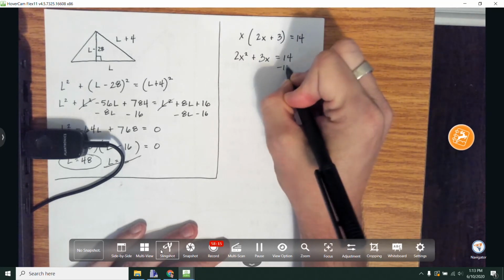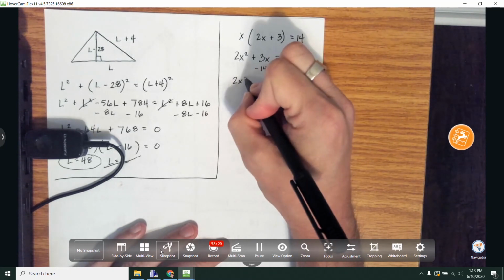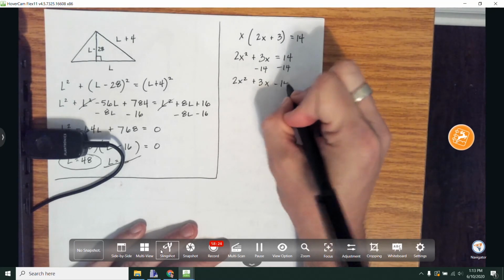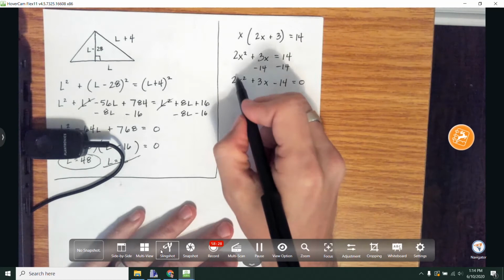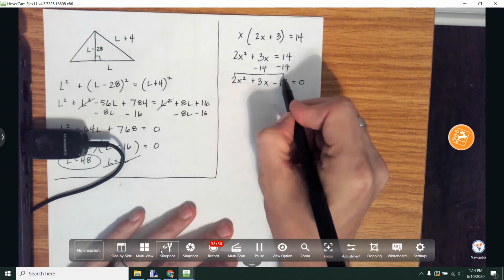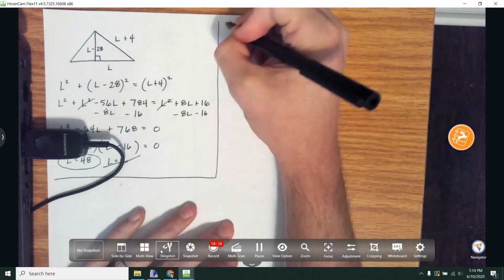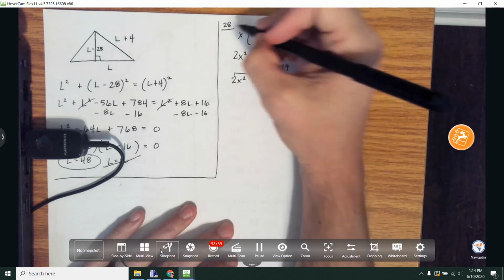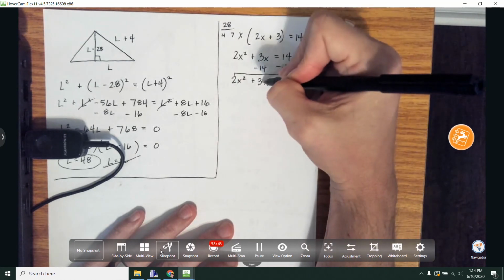We're going to subtract the 14. Bring it over to the other side. So we get 2x squared plus 3x minus 14 equals 0 now. Now we're going to have to multiply this 2 times the 14. That gives us 28. I'll write it up here. If we go down our list, we're going to find that 4 and 7 have a difference of 3 between them.